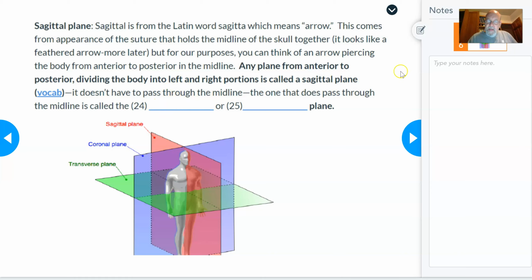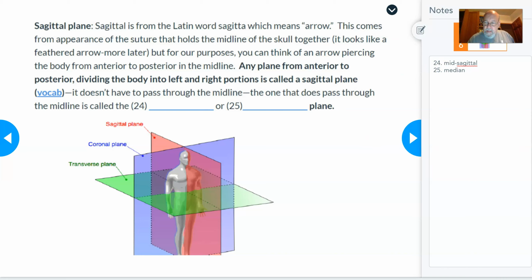The one that does pass through the midline is called the mid-sagittal, or the median plane. So the mid-sagittal or the median plane. What goes in 24 and 25 I've typed out there for you. Okay, so that's the sagittal plane.